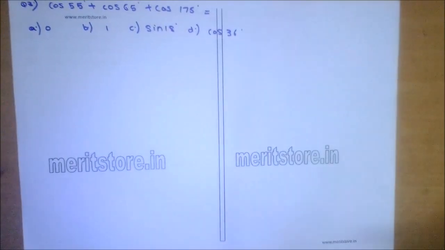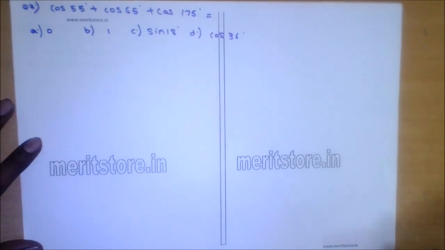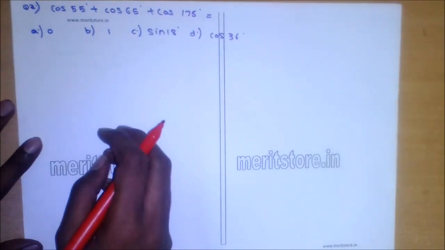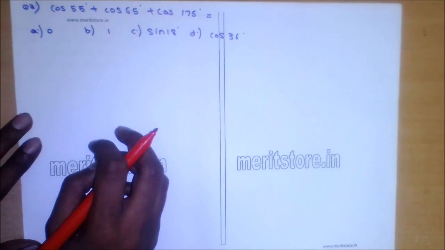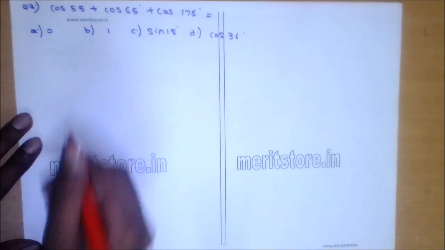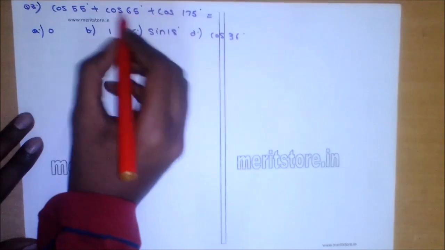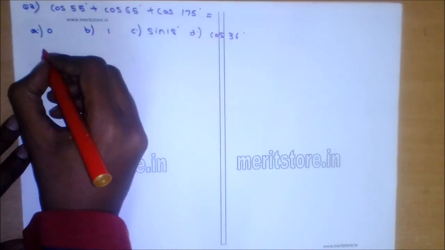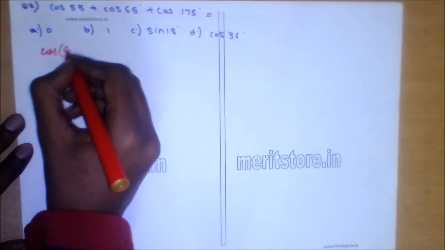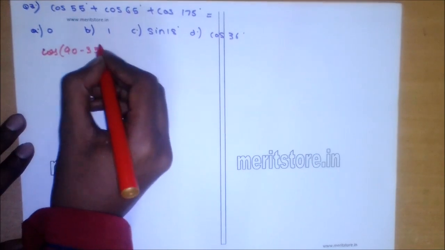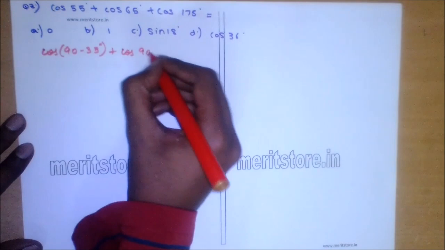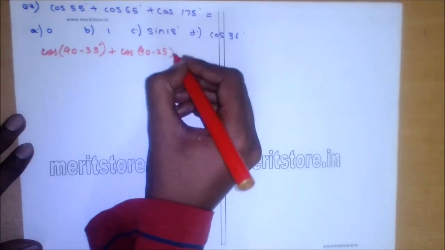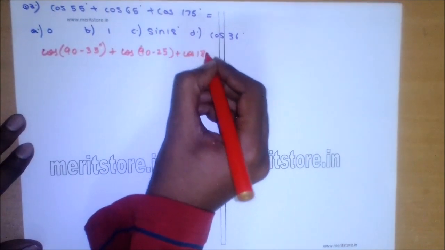In this question we have to find the value of cos 55 plus cos 65 plus cos 175. The options are 0, 1, sin 18 and cos 36. So we can write this expression in an alternative form: cos (90 minus 35) plus cos (90 minus 25) plus cos (180 minus 5).